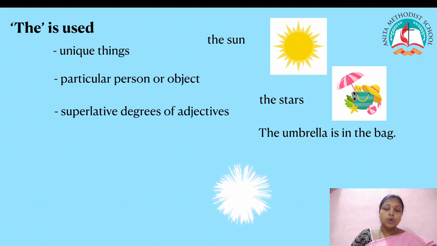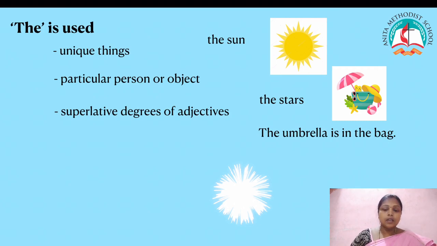So before the superlative degree we should use the article "the". What is meant by superlative degree? In a group of things or people or anything, we talk about only one particular thing. For example, Tina is the shortest girl in the class. So I am talking about Tina. That is called the superlative degree.